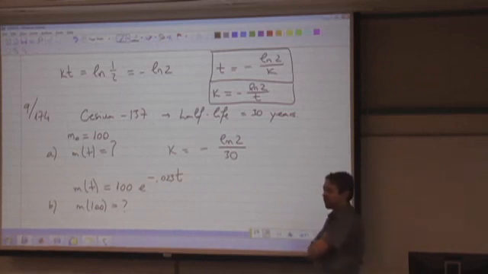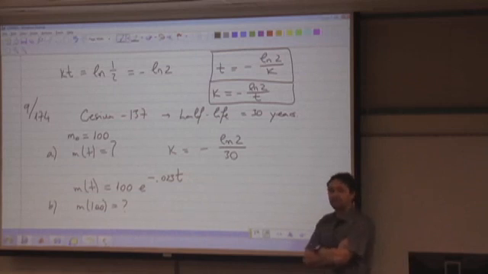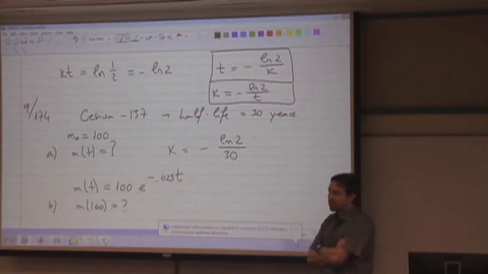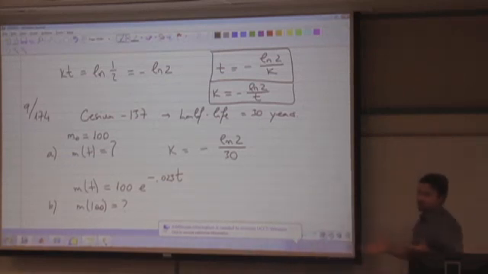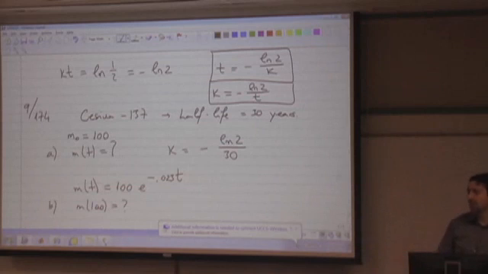You started with 100, so in 30 years you end up with 50. In another 30 years, 25. In another 30 years, 12 and a half. That's after 90 years. Another 10 years will give you, instead of a half, roughly a sixth decay. Obviously, I'm assuming that's linear, which is not the case, but I'm saying just in the ballpark of what you're looking at. So you're going to be looking at about 10 milligrams, right? Is that making sense?